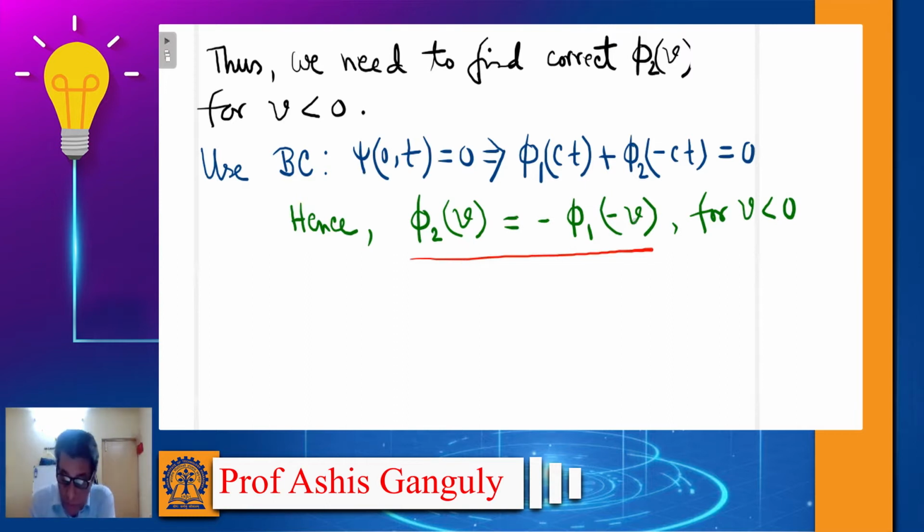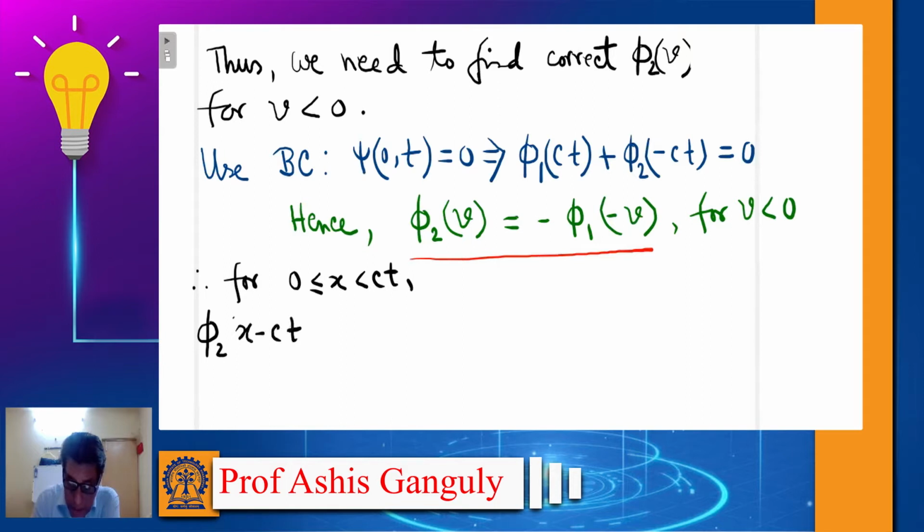Therefore, for x defined from 0 to infinity, for 0 less or equal to x less than ct, phi 2 of x minus ct, which is less than 0 now, should be minus phi 1 of ct minus x.